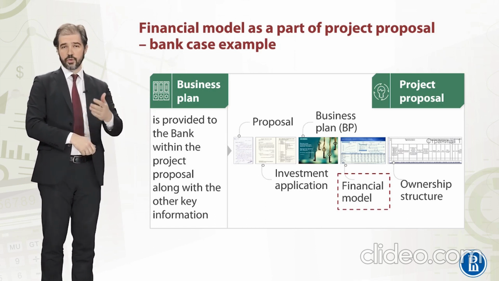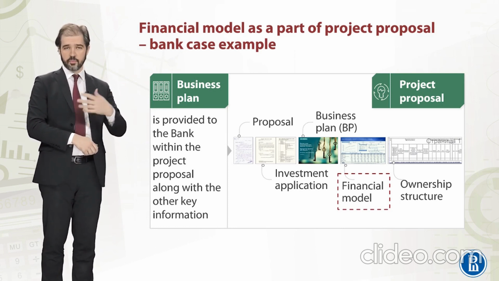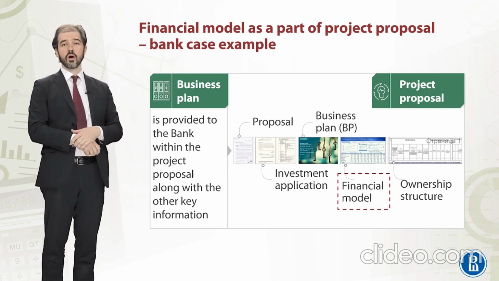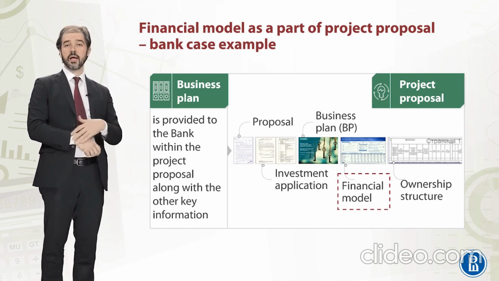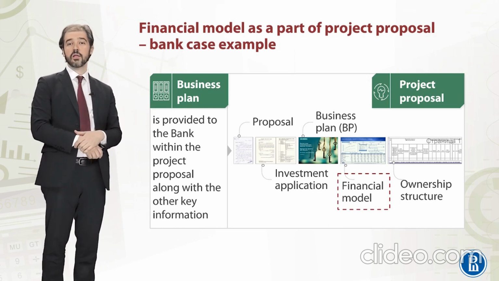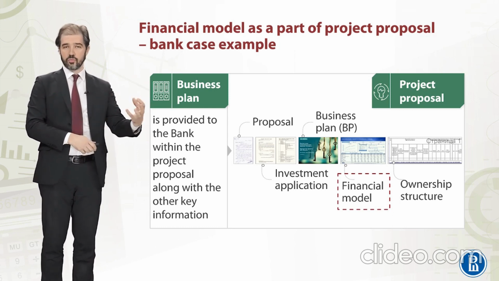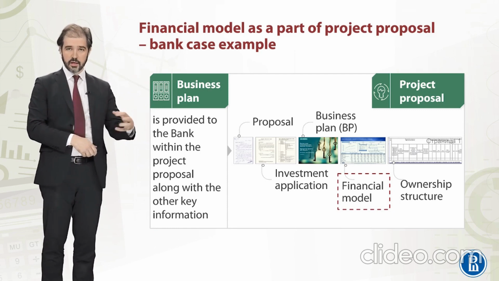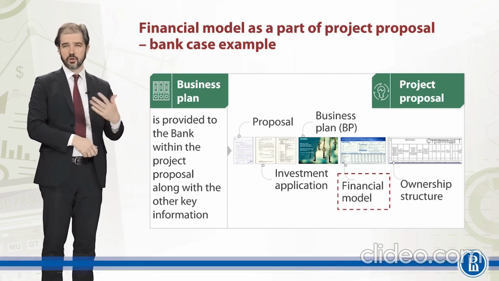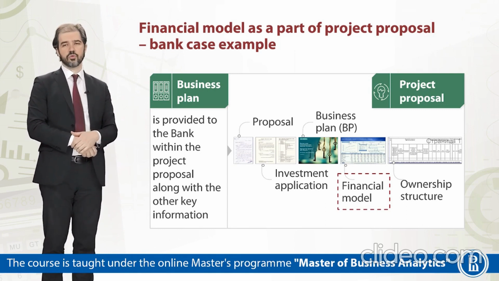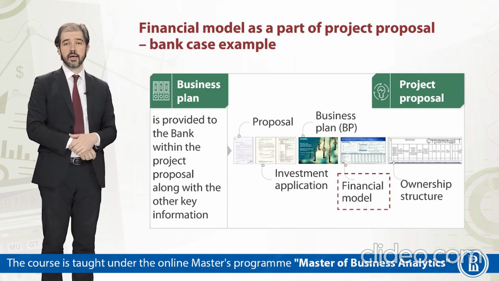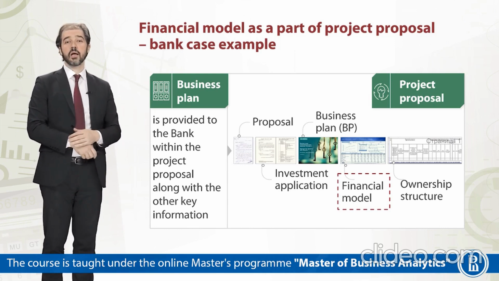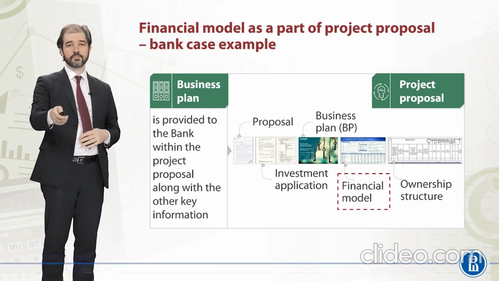And we see just an example that you present a set of documents like a proposal or brief information about your project, an investment application, a detailed business plan, and a financial model in Excel, a kind of addendum to your business plan that should be reconciled, and then the ownership structure and a lot about the concept of your project and all other documents we do not discuss here. But we see the financial model is really linked to the business plan.